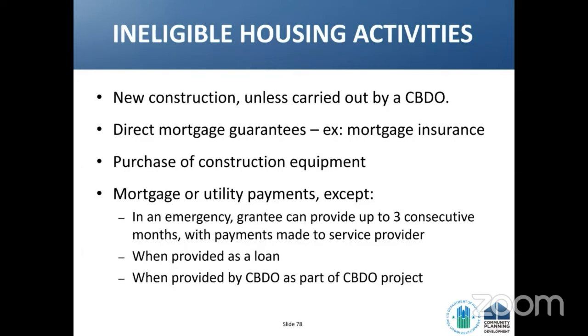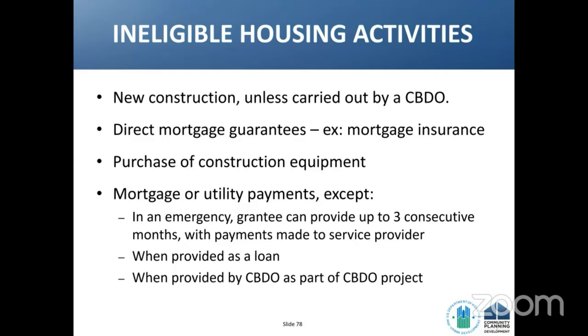Okay, we've already talked about what's ineligible briefly. We talked about new construction. That we all know. Direct mortgage guarantees, you can't use CDBG to pay for mortgage insurance or mortgage guarantees. We talked at the beginning about construction equipment, that would be used in rehabilitation or even perhaps new construction.